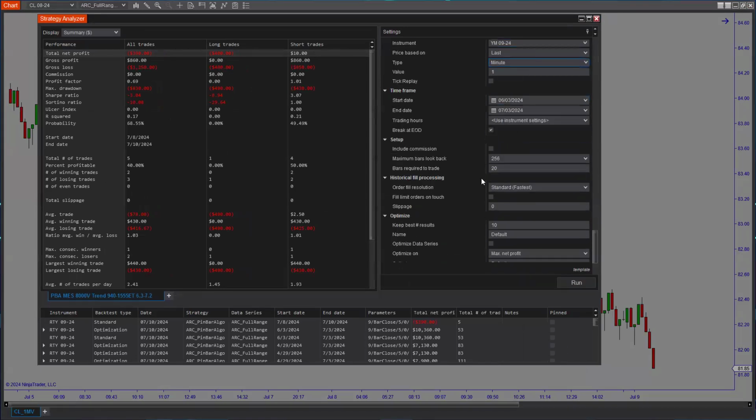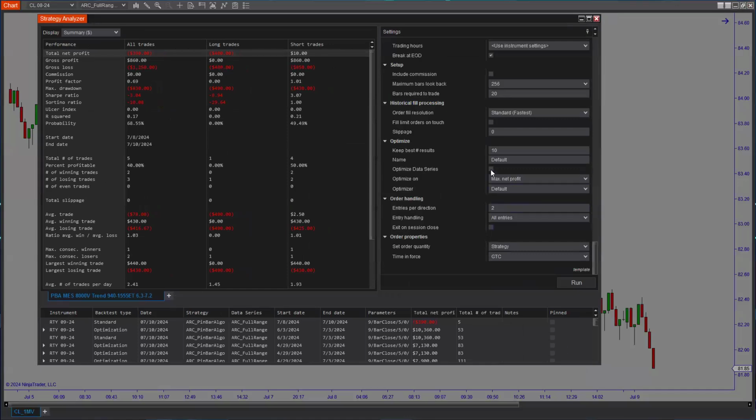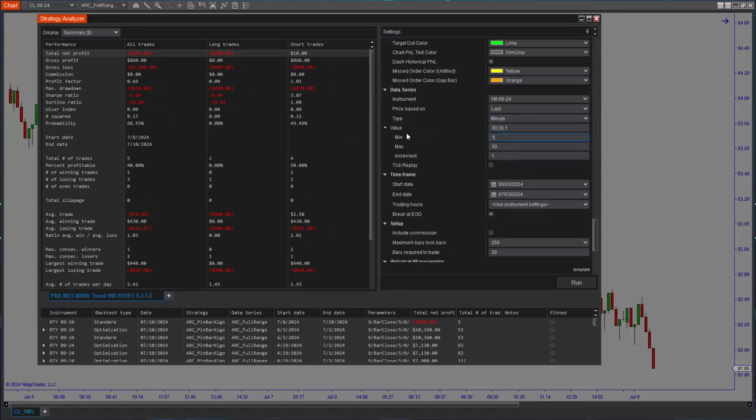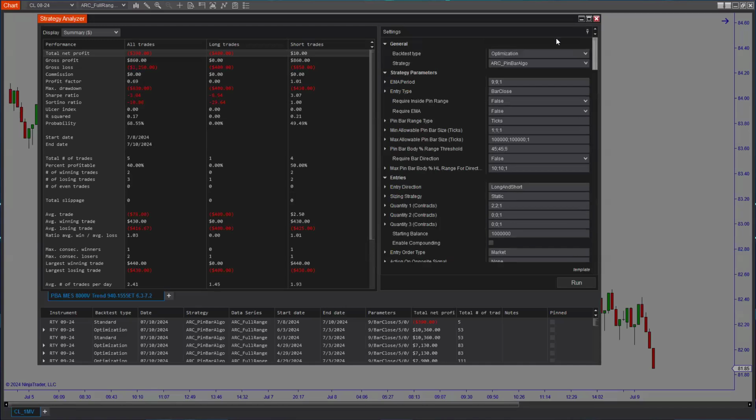Minutes and next net profit, optimize data. I'm going to go 1, 2, 5 by twos. And we'll just go with a month's worth of testing again.